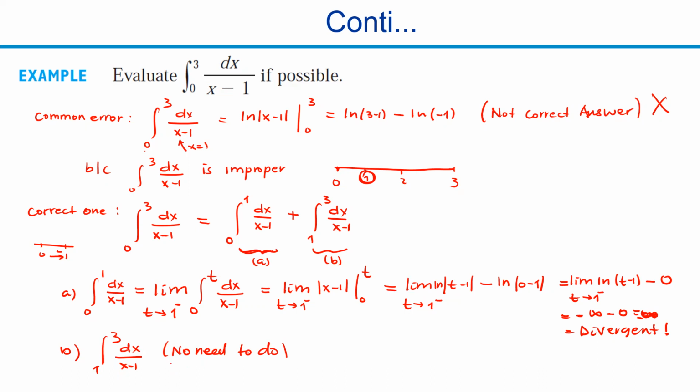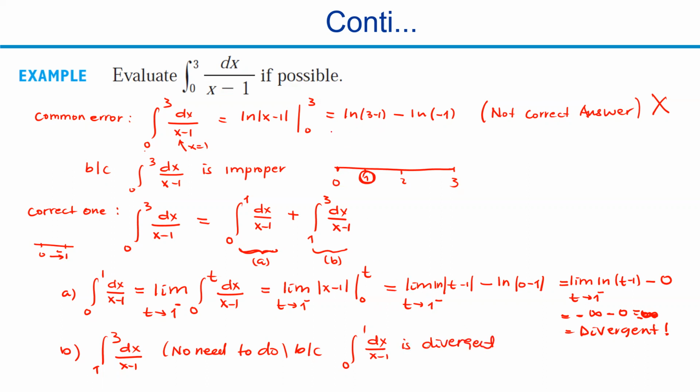So it is not important to figure out the improper integral from 1 up to 3 of dx over x minus 1, because the first part, the integration from 0 to 1 of dx over x minus 1, is divergent, yeah?